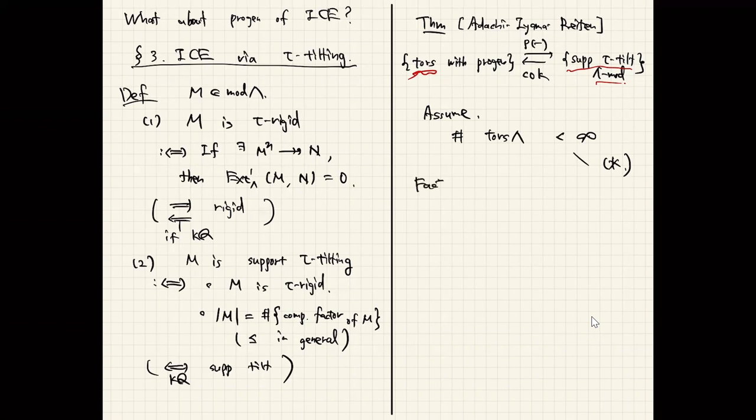The following is just, we assume this for simplicity. Then, if this condition is satisfied, then every ICE-closed subcategory has a progenerator.